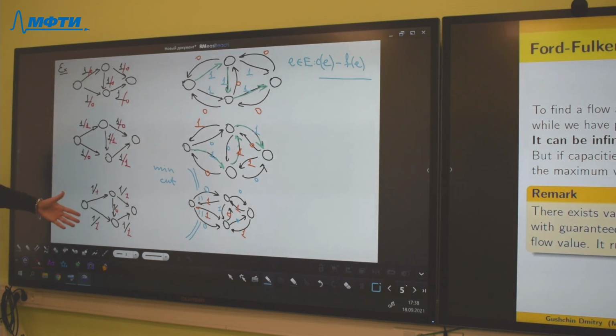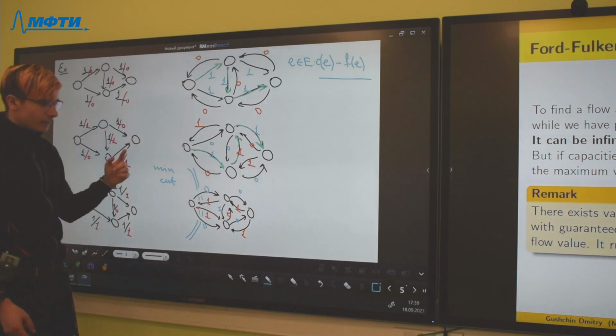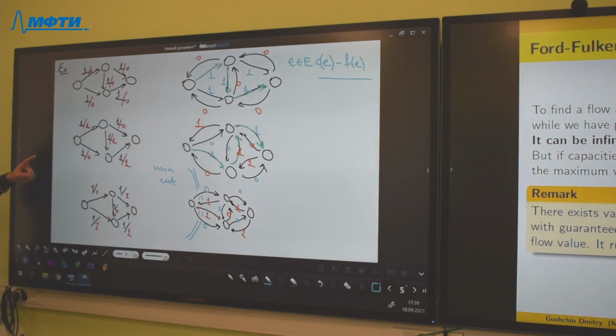Then we get flow equal to 2, then we get 2 steps of the algorithm. Then we repeat this, and we get a flow that will be equal to 4, then will be equal to 6, etc. I need to repeat it too.